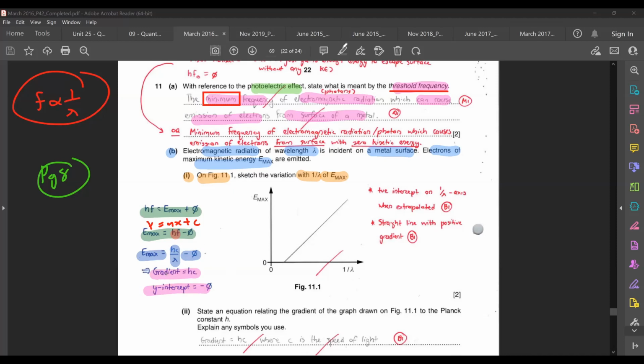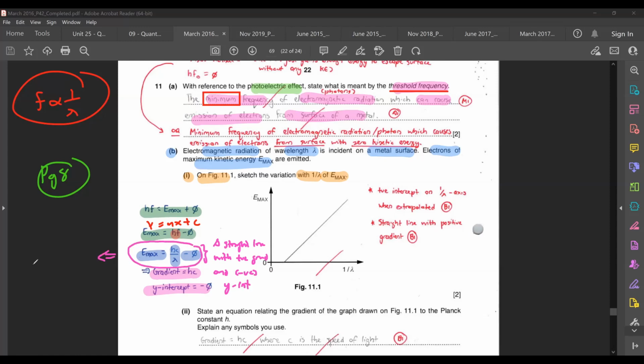So for this part alone, you should already know it is a straight line with positive gradient and negative y-intercept, just by looking at the form of the equation here.